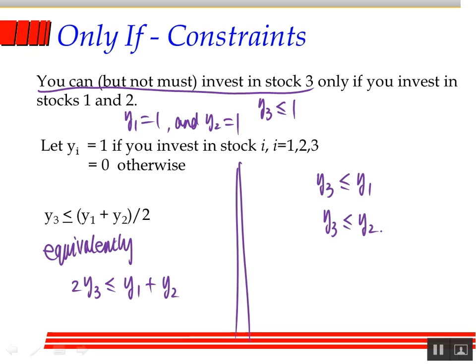Any questions here? So for the same thing, you can use just one constraint to write it. You can also use two constraints, right?